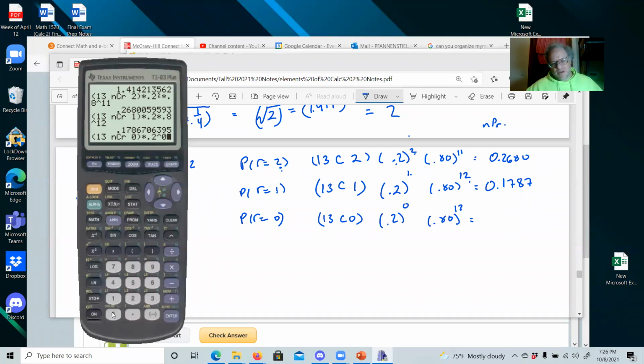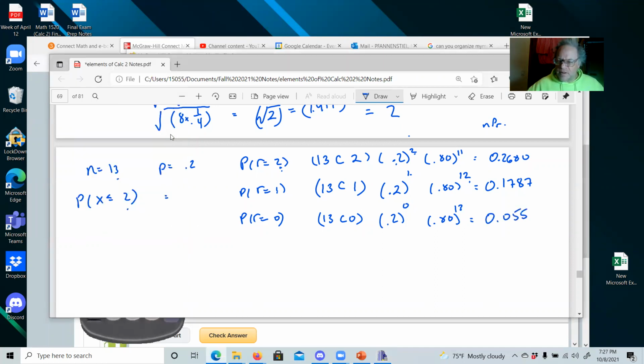Any non-zero thing raised to the 0 is going to be 1. Right? And then times 0.8 raised to the 13th. Done, done. So 0.054. Actually, this looks like 0.055. 0.0550. Okay, look, do the rounding.